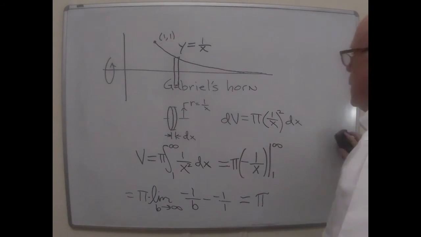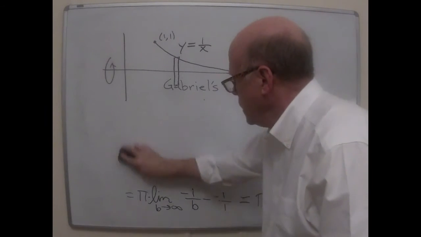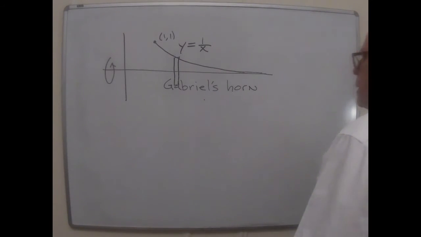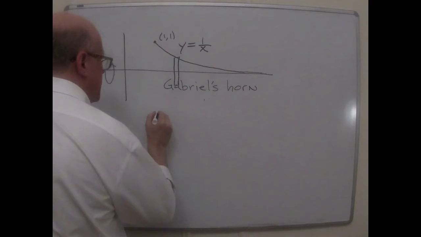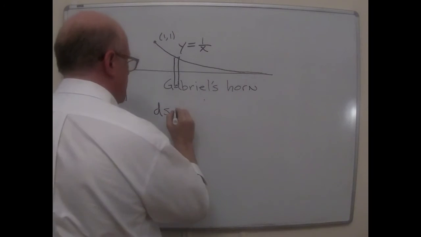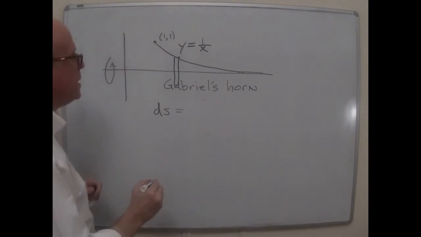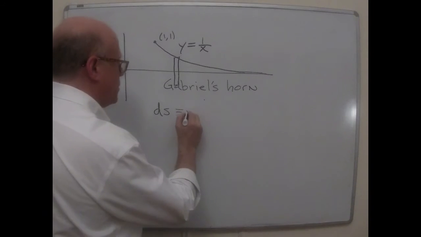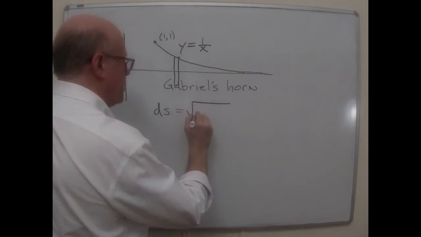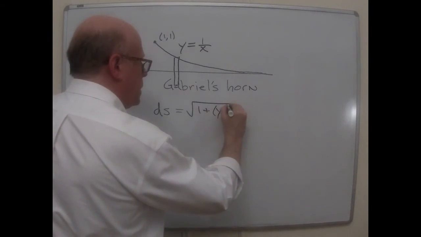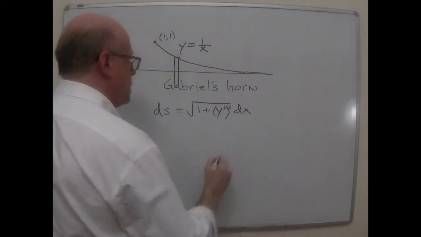So to talk about surface area, we need to think about what is ds. Well, remember the general formula for that. It's square root of 1 plus the derivative of your function squared dx.